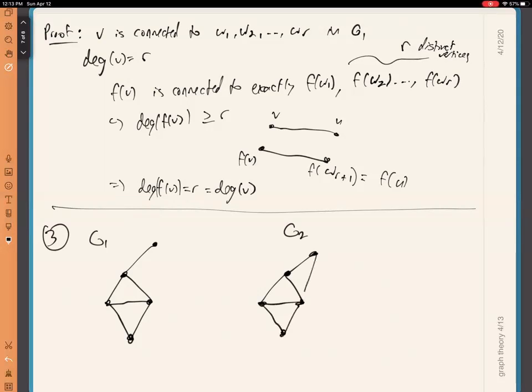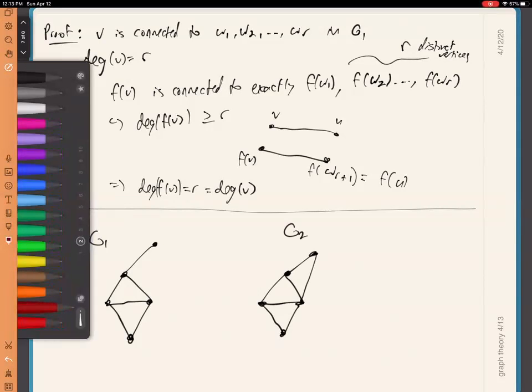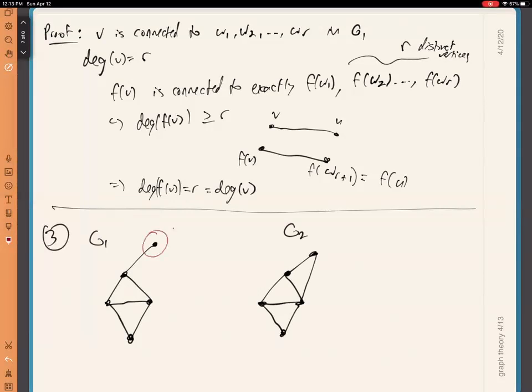So I'm going to have an additional edge connecting here. Well, if I look at this graph, this vertex here has degree 1, right? But if I look at G2, there are no vertices in G2 of degree 1, right? And so therefore, if I had any isomorphism or any function f with the two properties, there's nowhere to send this vertex with degree 1, because there would have to be another vertex in G2 with degree 1, but there aren't, right? So these are not isomorphic.